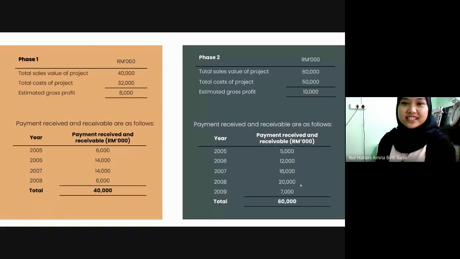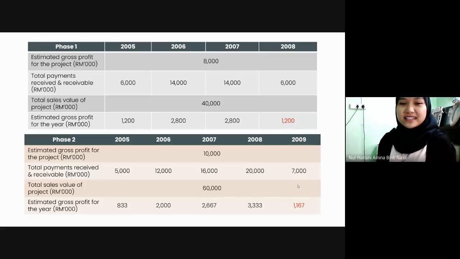This is the information given: the total sales value of the project, total cost, estimated gross profit, and the payment received and receivable for phase 1 and phase 2. The calculation is similar to example 4, but this example differentiates the estimated gross profit for phase 1 and phase 2.